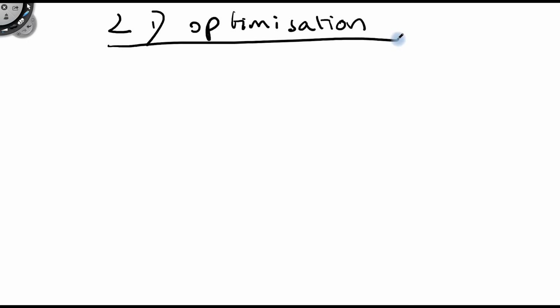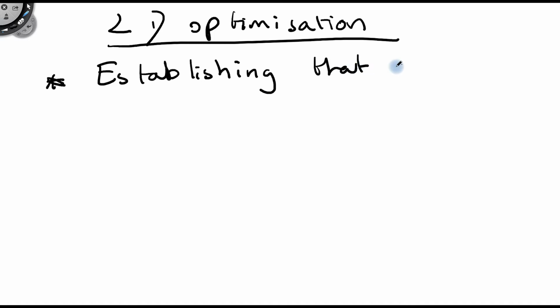Okay, so let me just summarize where we are and where we're getting to. We're on the topic of 2D optimization. The first part is establishing that a minimum exists in 2D.